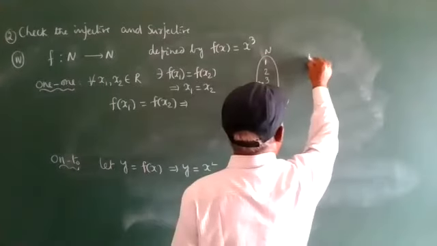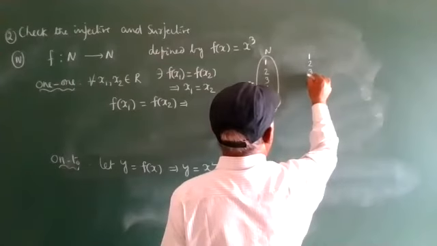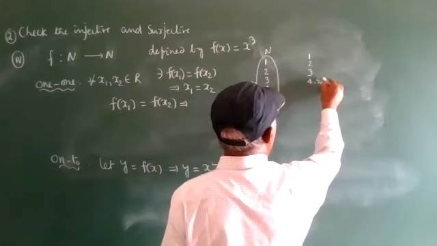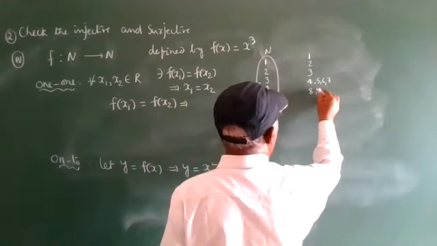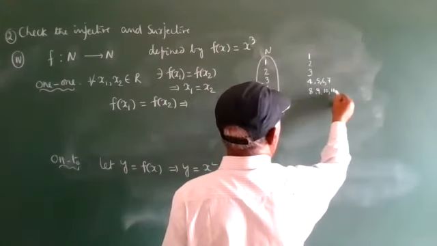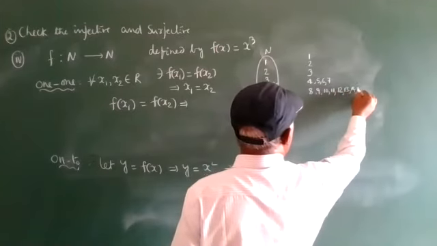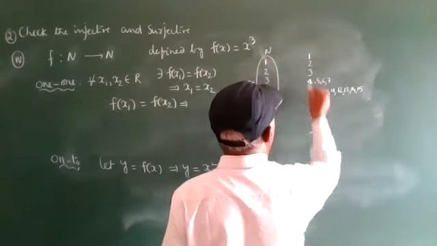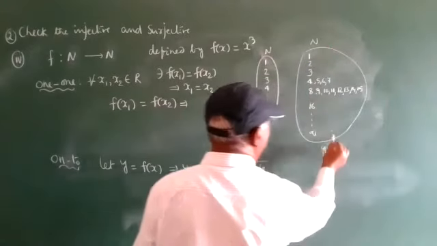Natural numbers 1, 2, 3, 4, 5, 6, 7, 8, 9, 10, 11, 12, 13, 14, 15, and 16. That's why I will write up to infinity. Everyone see, this is the natural set. It is also y.